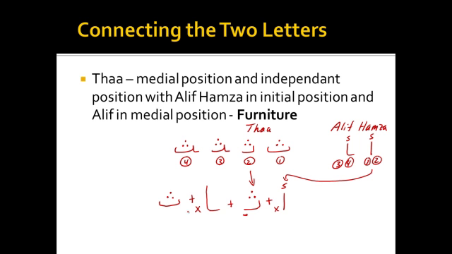So the Tha can't connect here, but it's still going to be part of the word. So when we write this all together, it's going to look like this. Alif Hamza, Tha, Alif, Tha. Athāth. There you go. And Athāth means, here we're going to write this in transliteration, and it means furniture.